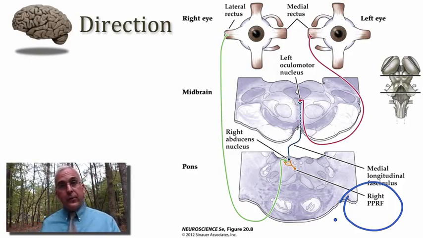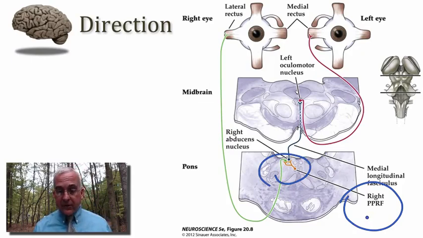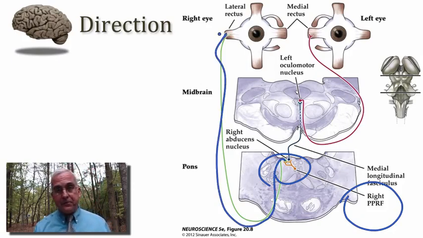I want to look towards the right, so there are circuits in this right paramedian pontine reticular formation that will drive the output from the right abducens nucleus, and that's going to cause the contraction of the right lateral rectus muscle.